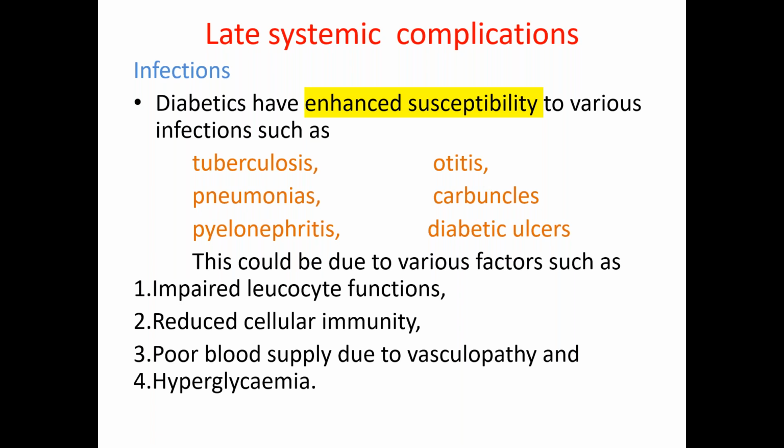to predisposition to infections, because the glucose that is present abundantly in the blood is not utilized by the bodily tissues, but this is a good nutrient for fermentation by the bacteria. So the bacteria flourish well in the presence of high glucose in the interstitial tissues and blood.